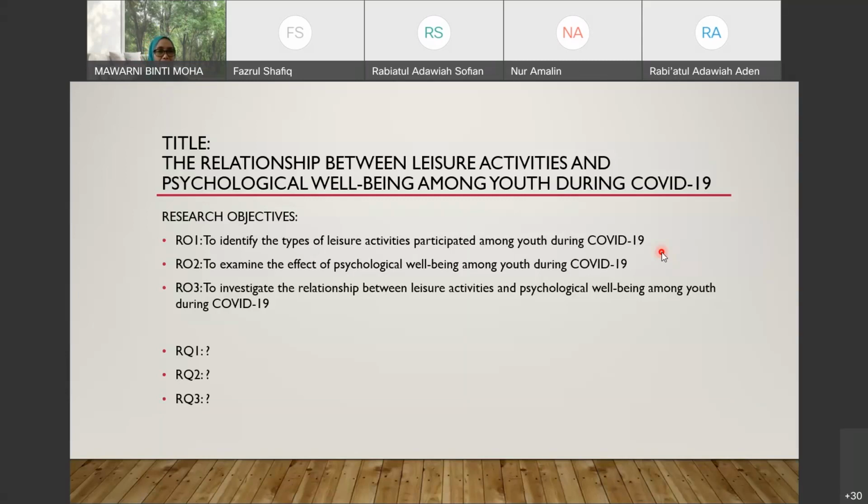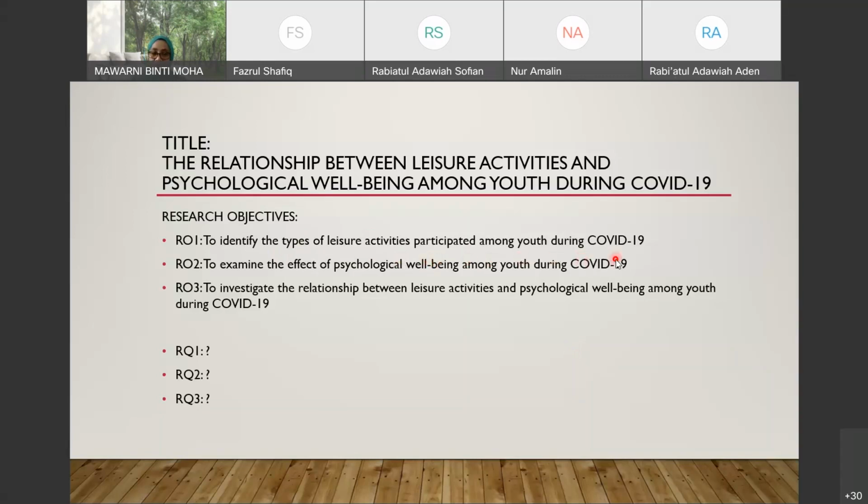Okay. All right. So, can you come up with your research questions for number 1, number 2, and number 3? You can write it down, or anybody can just volunteer. Anyone? It's quite simple, yeah.